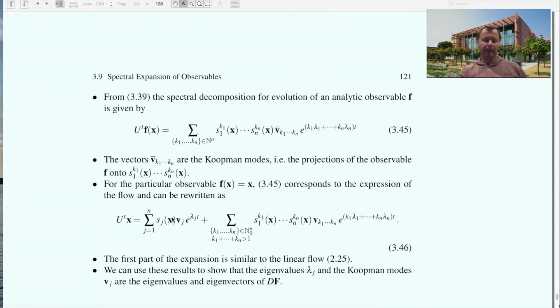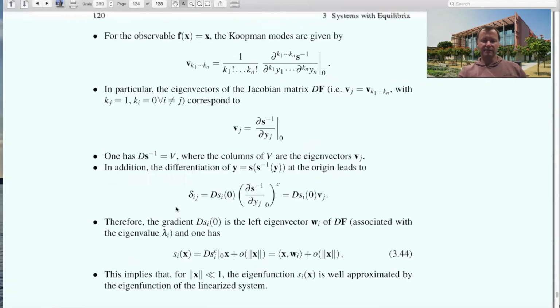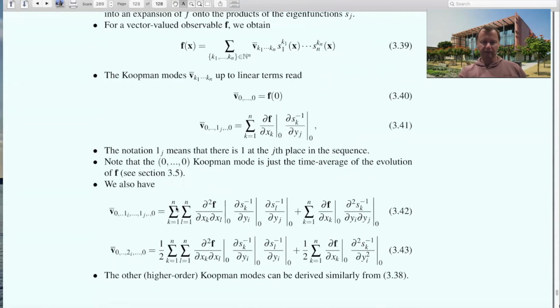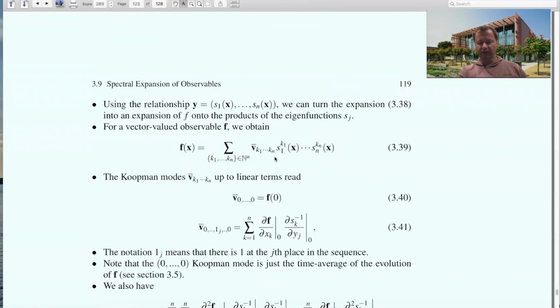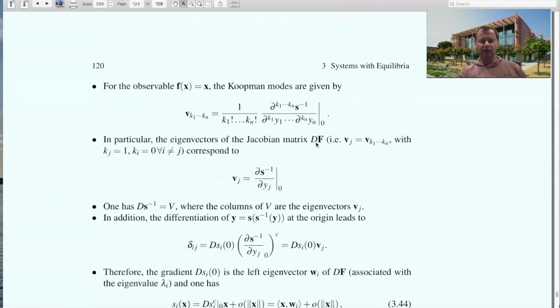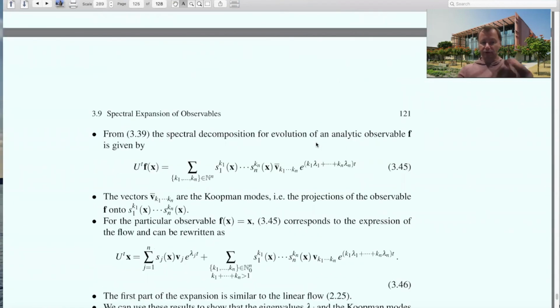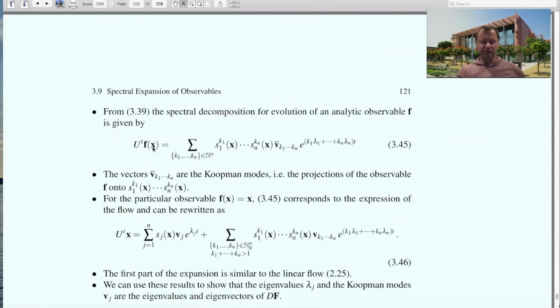Go a little bit further, and so now that we have f of x here expanded in terms of Koopman modes and Koopman eigenfunctions, we can apply the Koopman operator to f. And of course, the modes themselves are constants. They're constant vectors. So it only acts on eigenfunctions by taking another eigenfunction to the power k1, that is e to the lambda 1 t times k1.